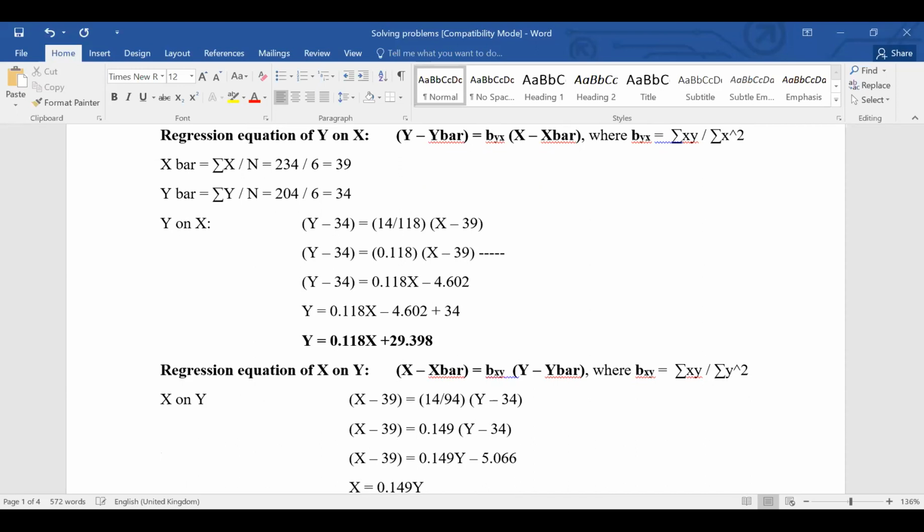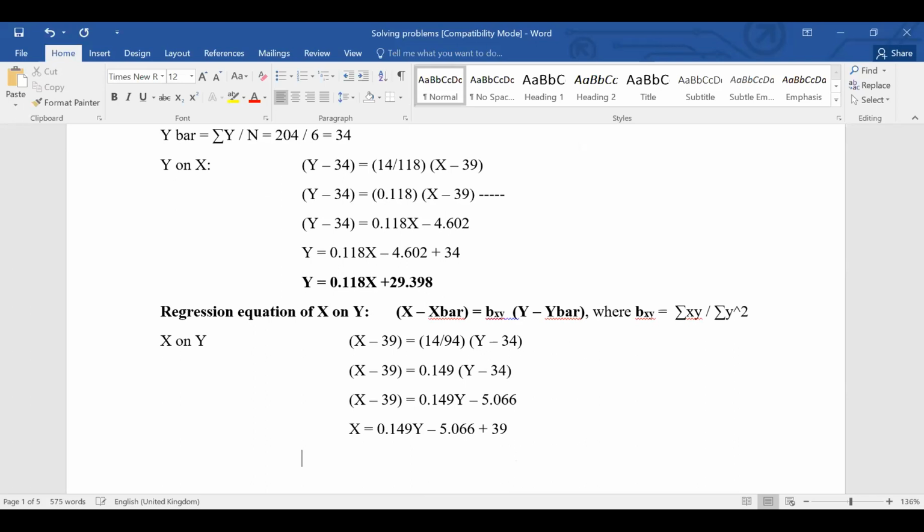0.149y minus 5.066 plus 39. Now tell me what is the x on y equation? x equal to 0.149y plus, what is the value you will get? 33.934.